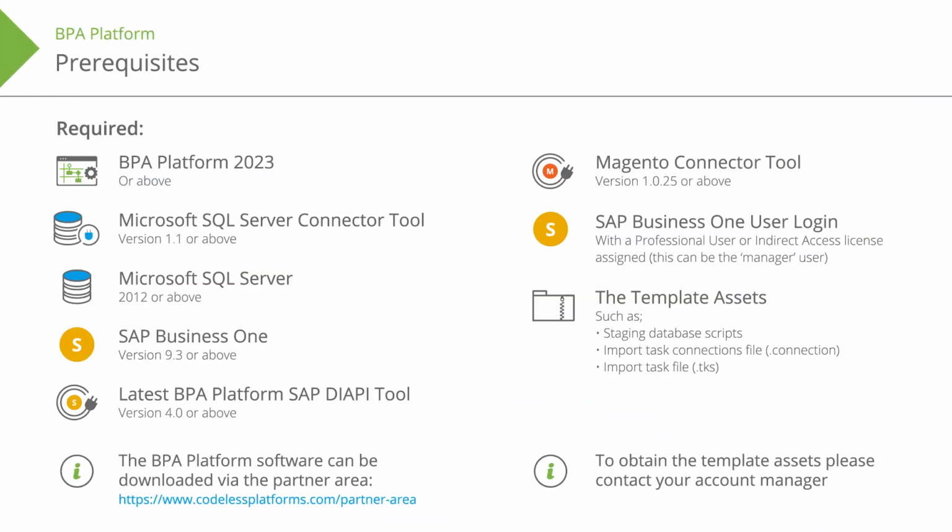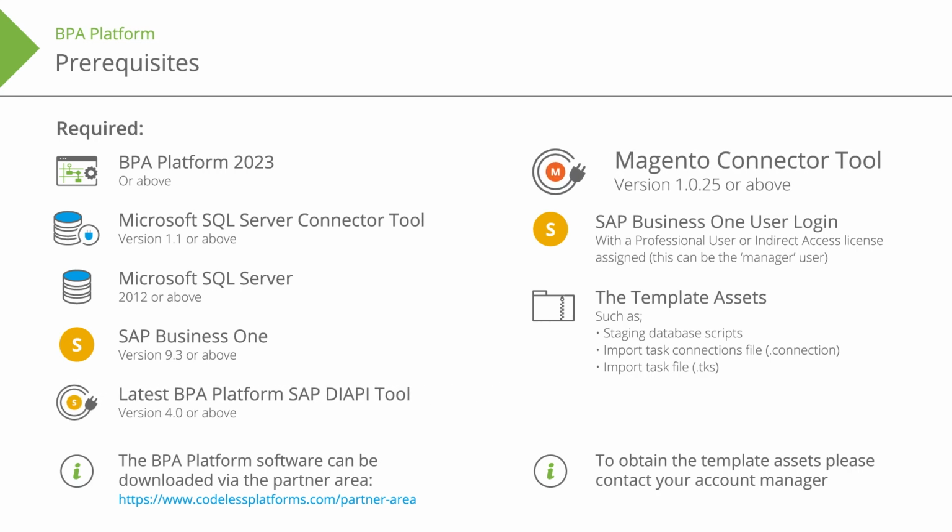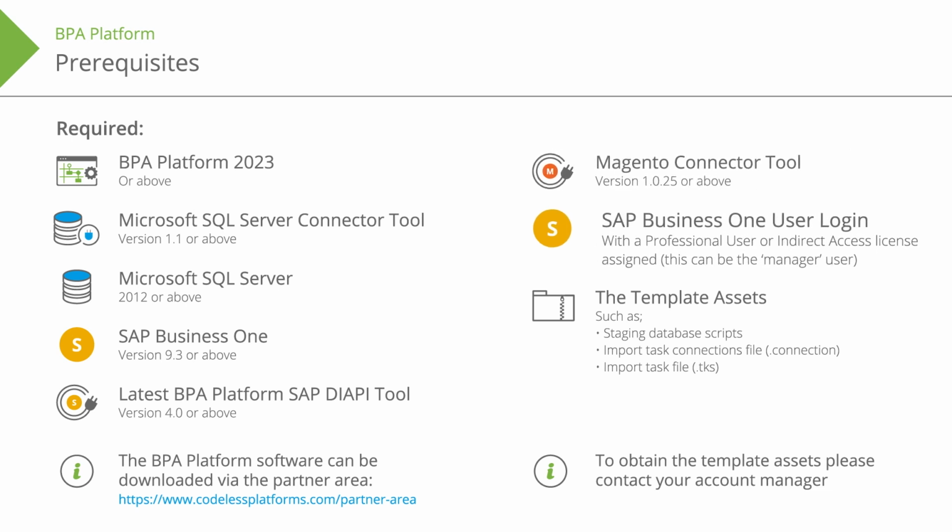You will require BPA Platform 2023, the Microsoft SQL Server Connector tool, Microsoft SQL Server 2012 to host the staging database, SAP Business One, the SAP Business One DI API Connector tool, the Magento Connector tool, an SAP Business One user login with a professional user or indirect access license assigned.